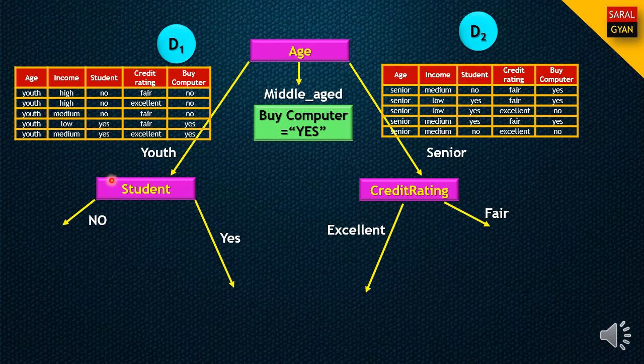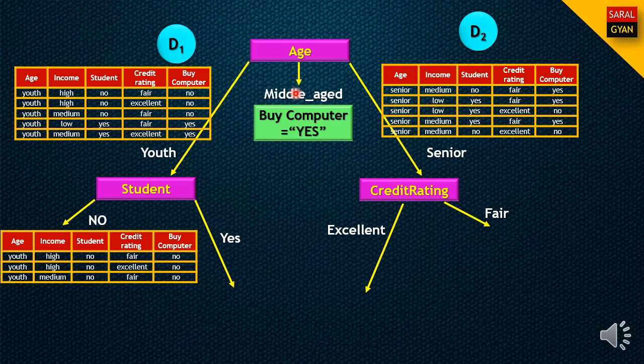So let's try to figure out the data. If age equals youth and student is no, in the data set D1 where student equals no, you can see the buys computer attribute values are all no. That means when a person is youth and the person is not a student, then the person cannot buy the computer.